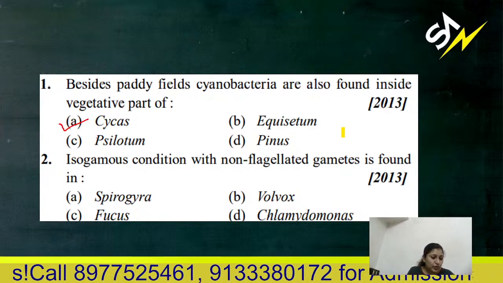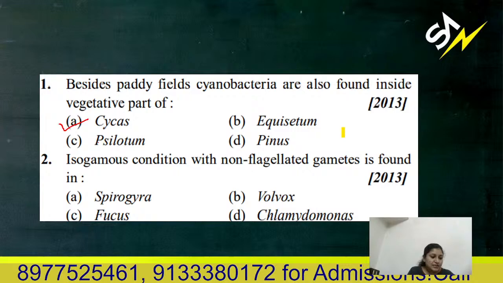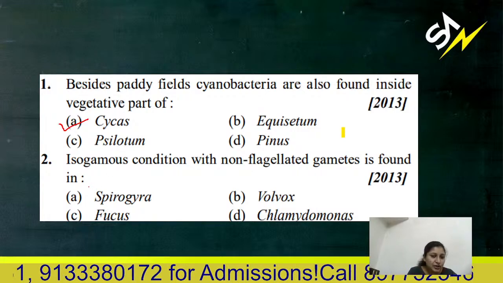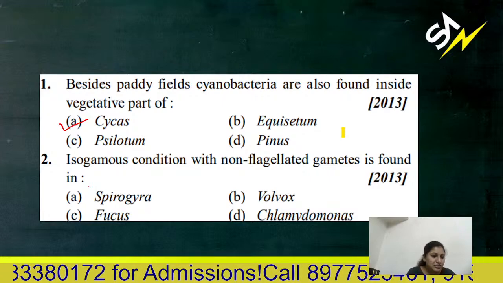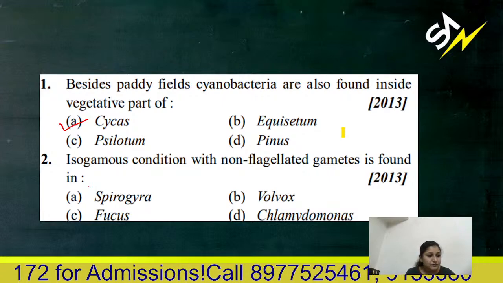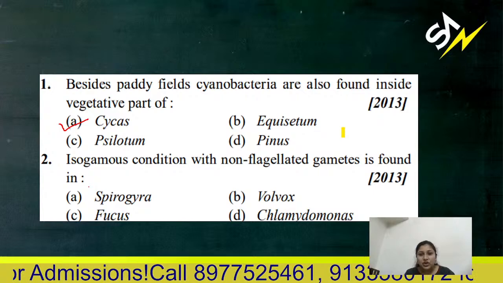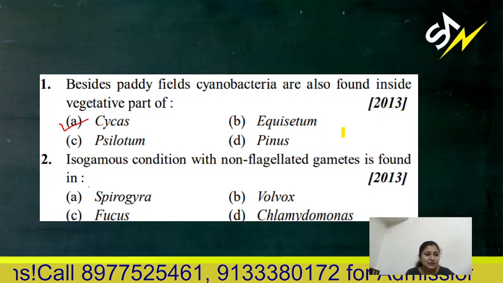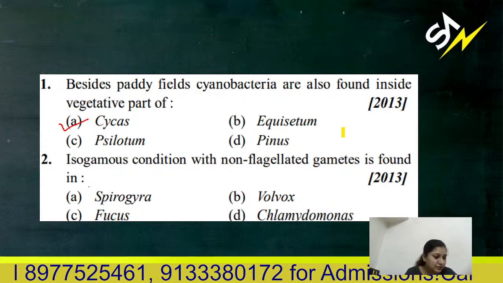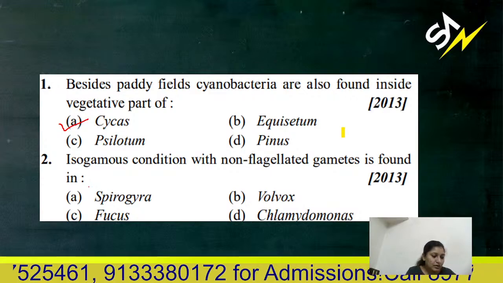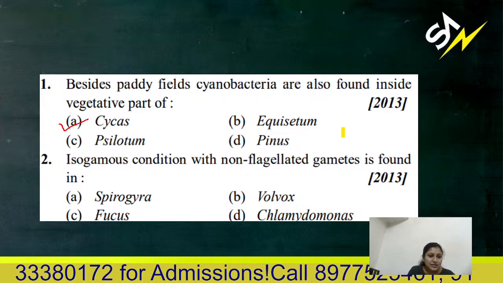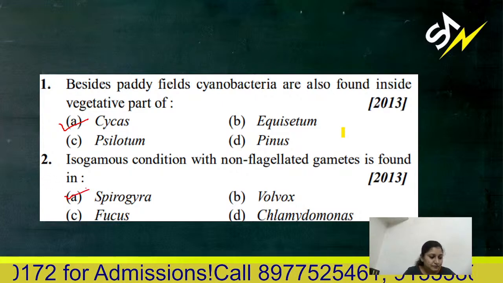So answer is 1A. Then, isogamous condition with non-flagellated gametes is found in. You check this video afterwards also, Hasini, again. You will get the correct answer of the first question. So for the second question, answer is Spirogyra.